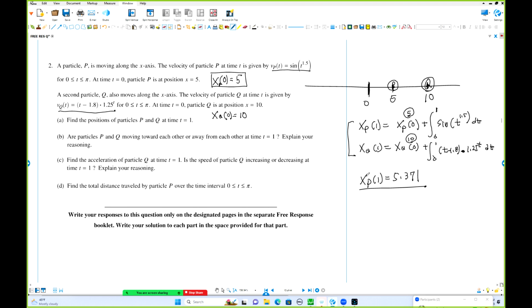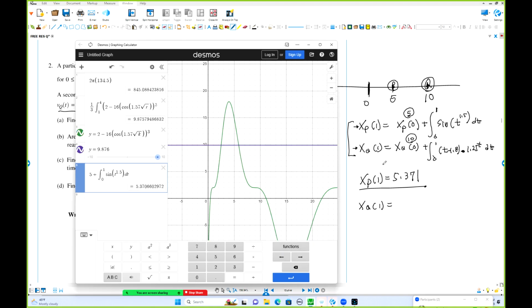Now particle Q there. Particle Q at time t is 1, okay? We checked this already. x_Q initial at time t0, x_Q is what we start from, 10, okay?